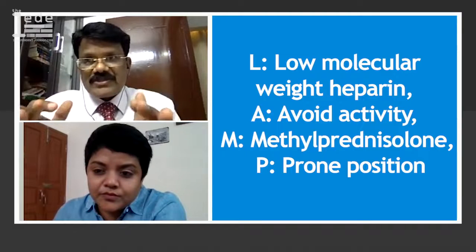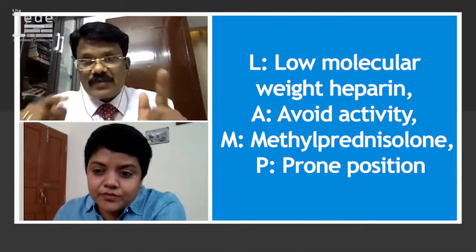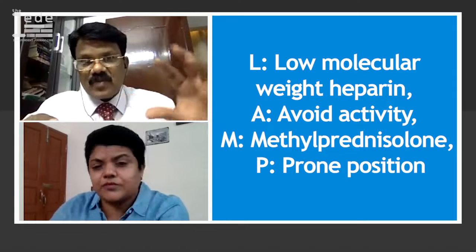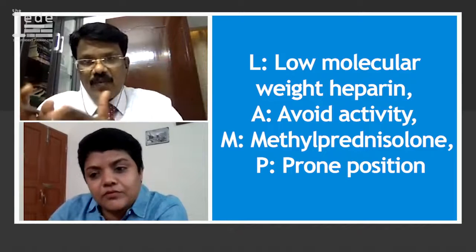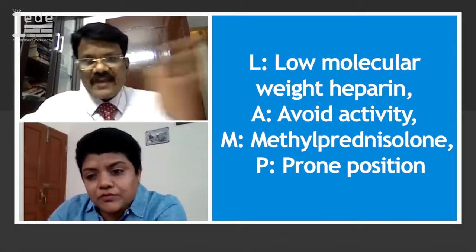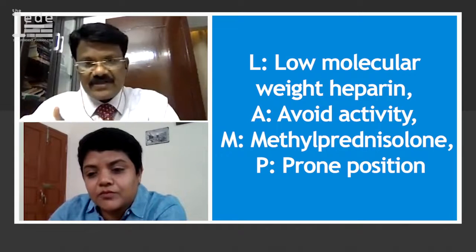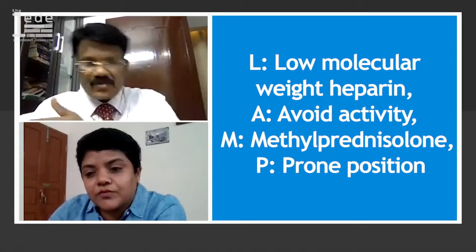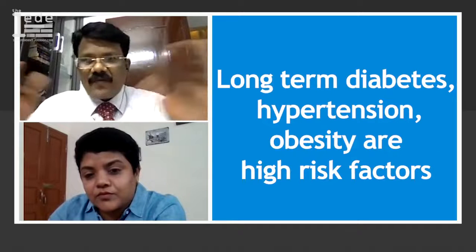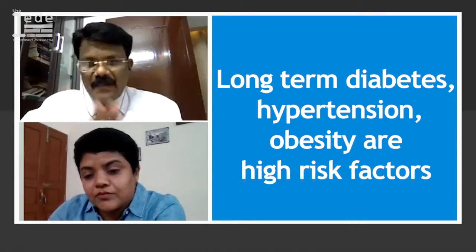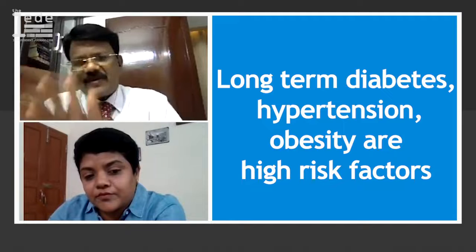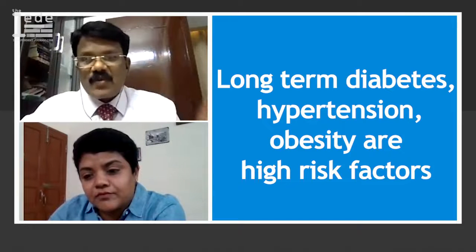In those situations, we analyzed why these people are not improving, because we are giving the dose as per protocol: 1 to 1.5 milligram per kg methylprednisolone, dexamethasone 40 milligram in the initial stage, and later a BID dose, and of course prone positioning for everybody. Non-diabetic and diabetic, everybody we are putting the same. Why are these people not improving?